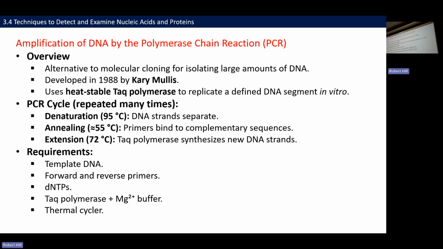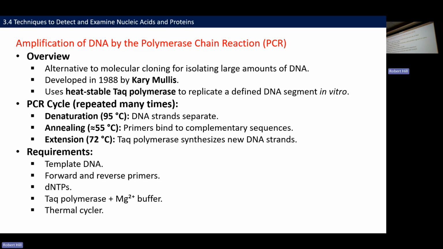So let's say we get that red blood cell. So we've got a big chromosome and we have 0.005 nanograms of total DNA here. And we want to be able to clone a gene that's found in that chromosome. So you have to have sequence information to do PCR. If you have sequence information, you can generate primers that flank the region that you want to amplify.